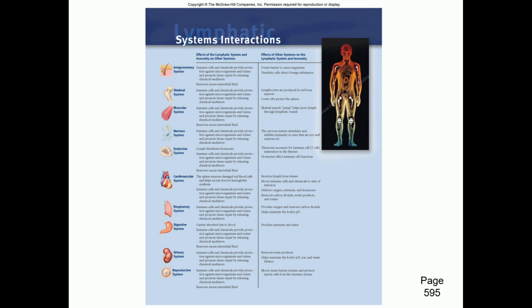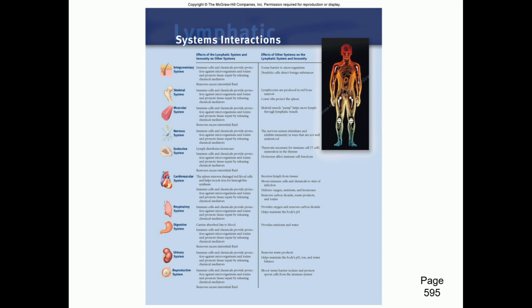Their immune cells and chemicals provide protection against microorganisms and toxins and promote tissue repair by releasing chemical mediators. And on the right side, we have the effect of other systems on the lymphatic system and immunity.